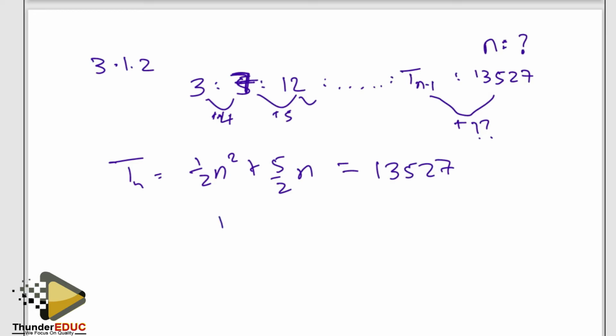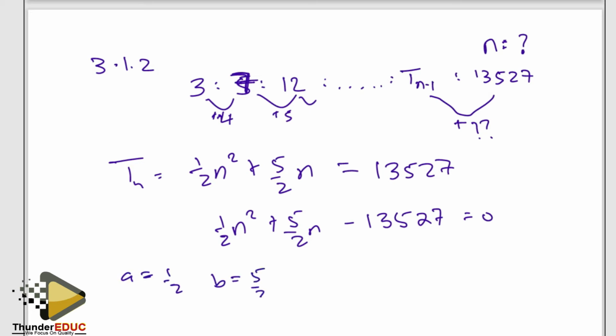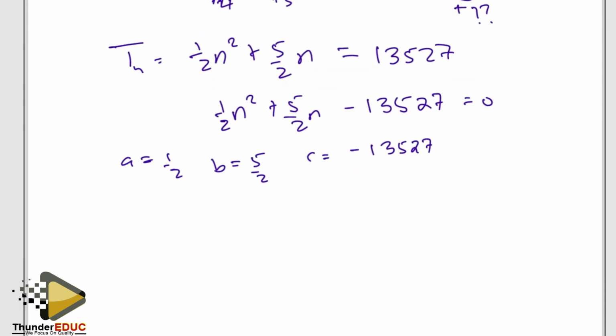So this is a quadratic: a half n squared plus 5 over 2n minus 13527 is equal to 0. If I use my quadratic formula, a is going to be a half, b is going to be 5 over 2, c is going to be negative 13527. I will call it a longer approach.